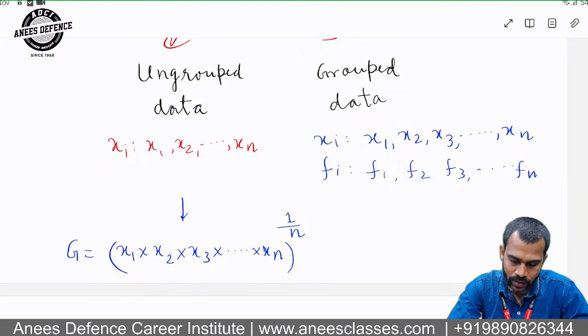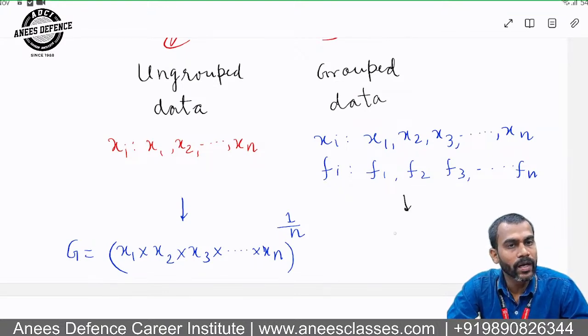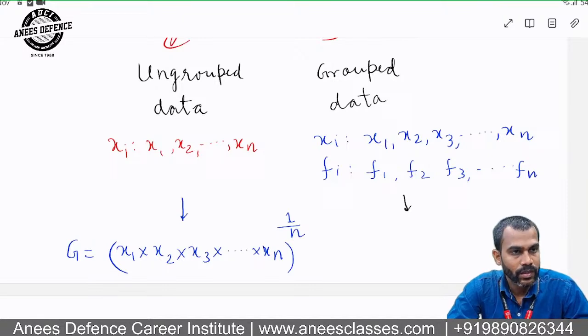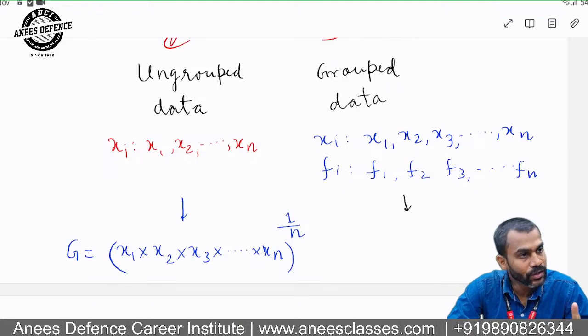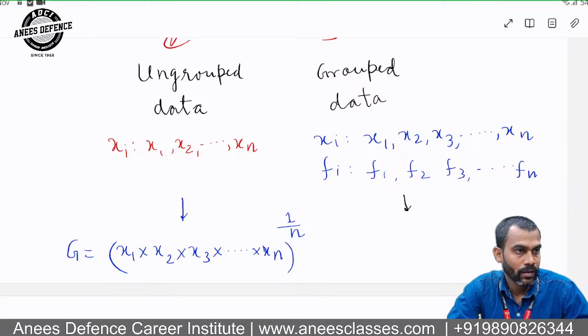And in this type, we have grouped data. So how can we multiply every observation? See, x1 will be multiplied f1 times. So can I say x1 into x1 into x1, f1 times? Can I say x1 raised to f1? We are supposed to multiply each and every observation.